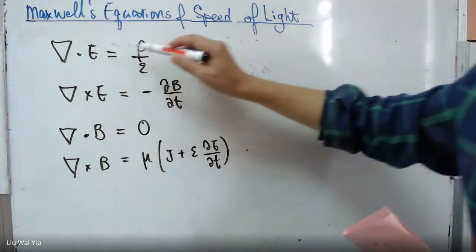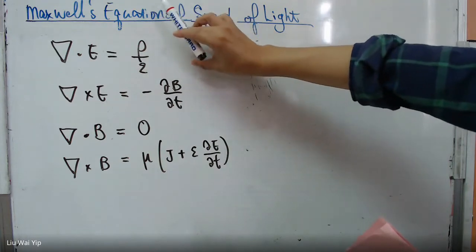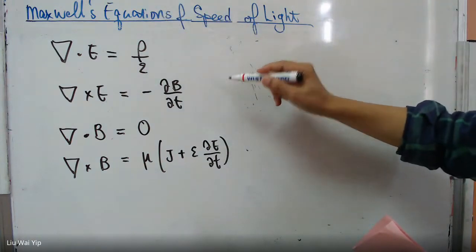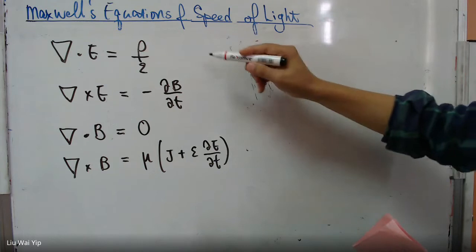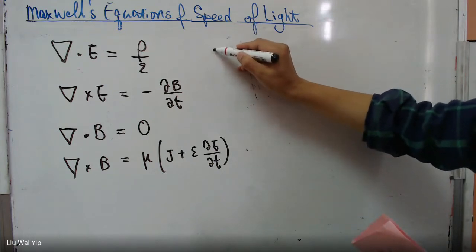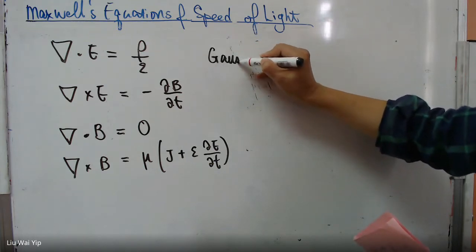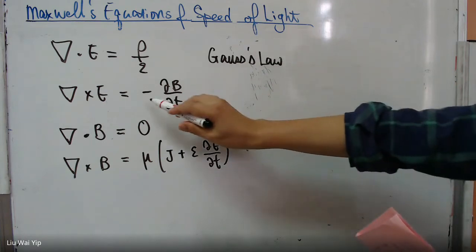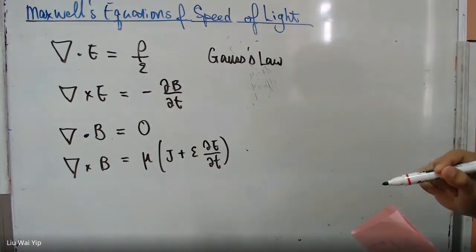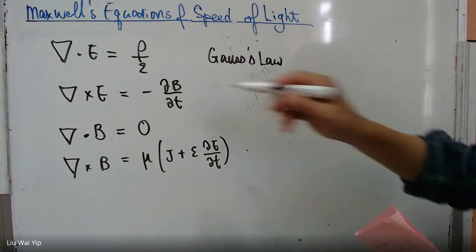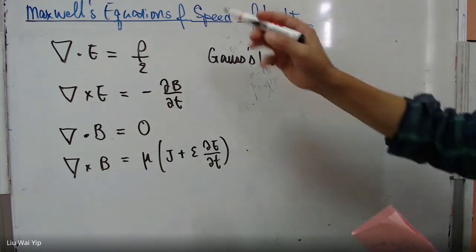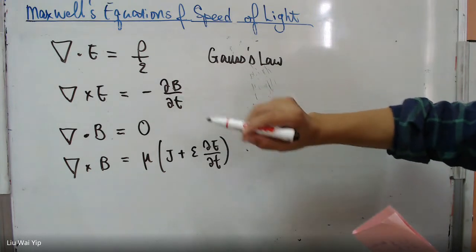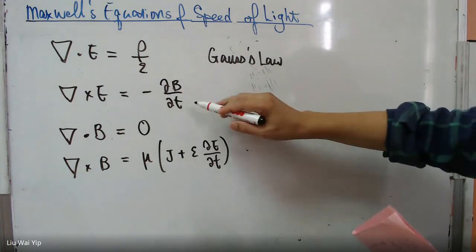So the first Maxwell equation here is the product of Gauss's law. And the second one, the curl of E is minus the flux of B divided by dt.